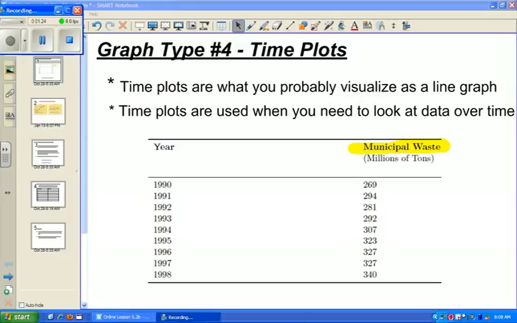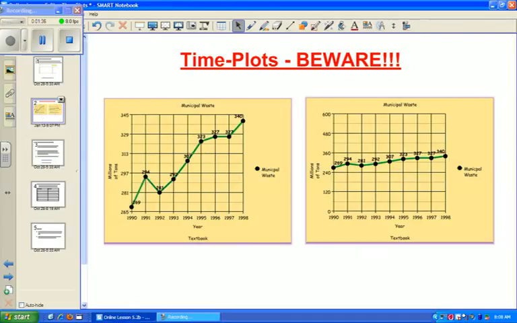I could compare this to reading a newspaper or magazine article or watching the news. The data that you see on your screen right now, I could present to you in two different ways, and I'm going to plot those side by side. You look at the two graphs on the screen, and this is the same data from the last slide, plotted two different ways. And they tell two different stories.